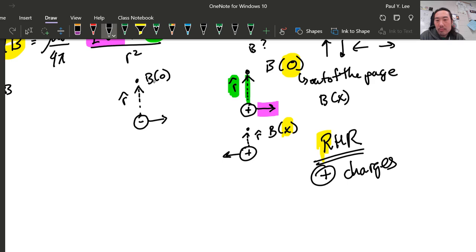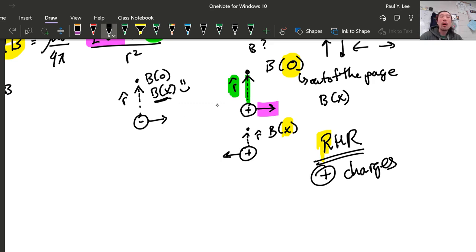So instead of having B coming out of the page, the answer would actually be into the page because that's a swap. Or you can just use your left hand for negative charges, and if you do so, your thumb will point into the page. So you'll get this if you use your left hand.